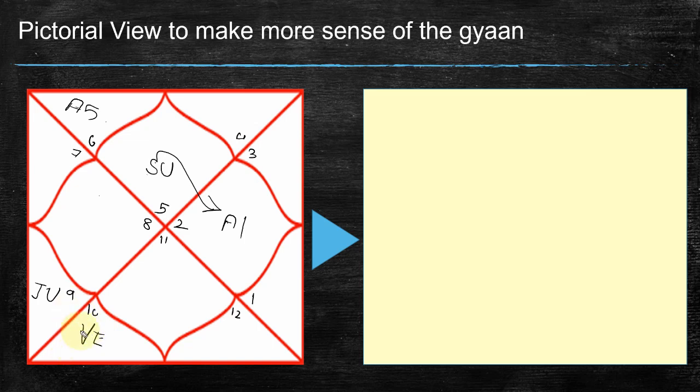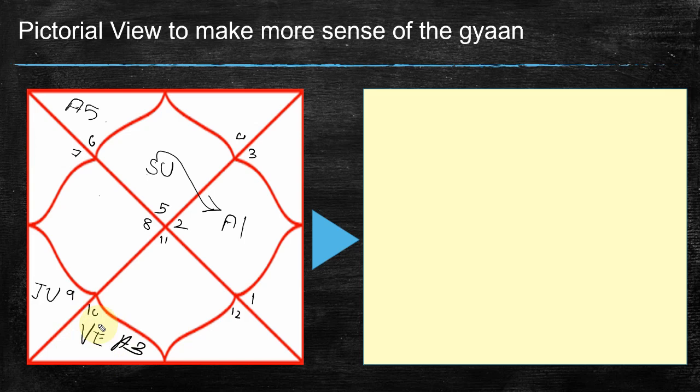In this case, this house itself becomes the Pada. So this 6th house is the Arudha Pada of the 3rd house, because its lord is 4 houses away from that house. Just to repeat, if the lord of the house is 4 houses away from the original house, then the same 4th house from the original house becomes the Pada of that house.